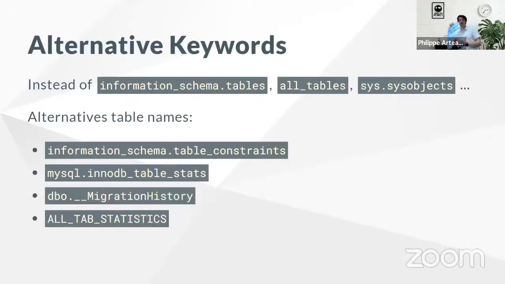Now I have a question for you. Does anybody know what __MigrationHistory is? This table is no longer relevant since a year and a half, but it was the table used by Entity Framework for .NET. I think it's Entity Framework, something like that.